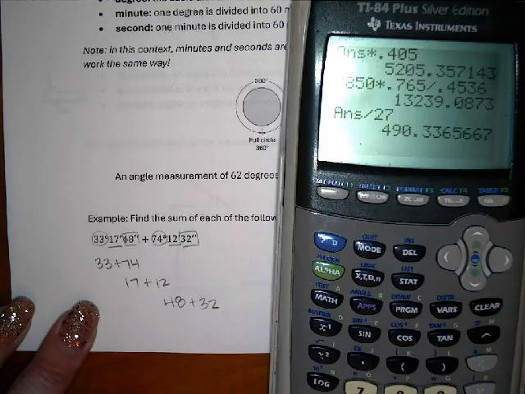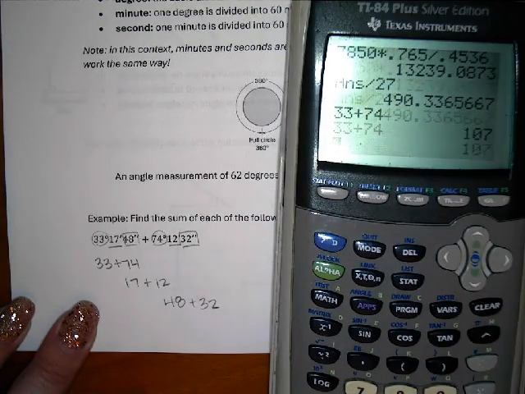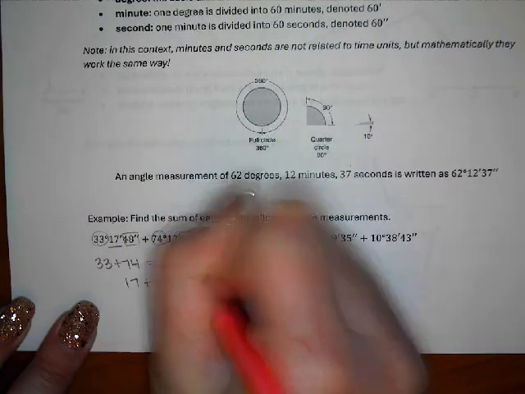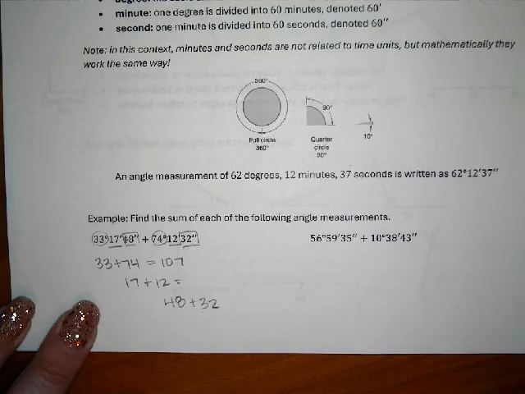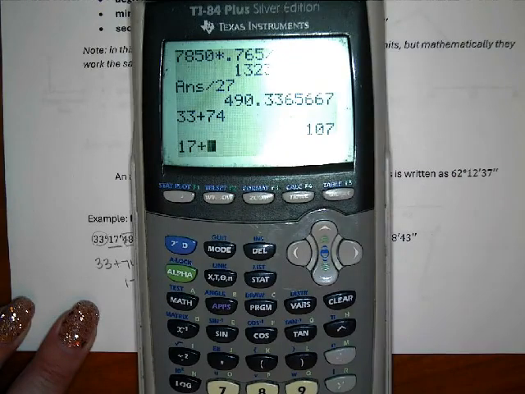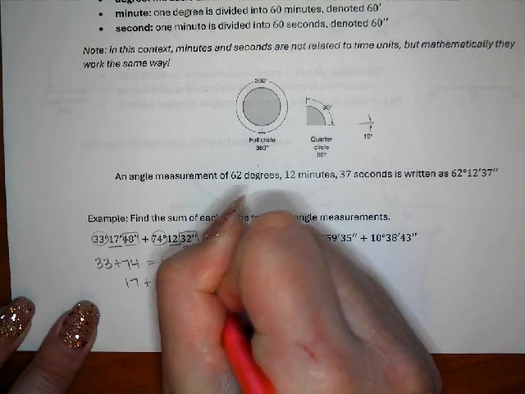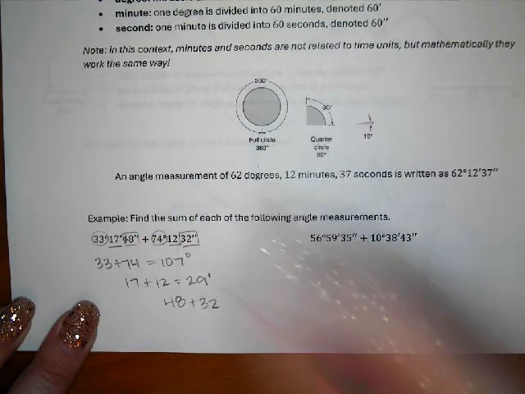So 33 and 74 is 107 degrees so far. 17 minutes and 12 minutes is 29 minutes so far. So degrees, minutes.